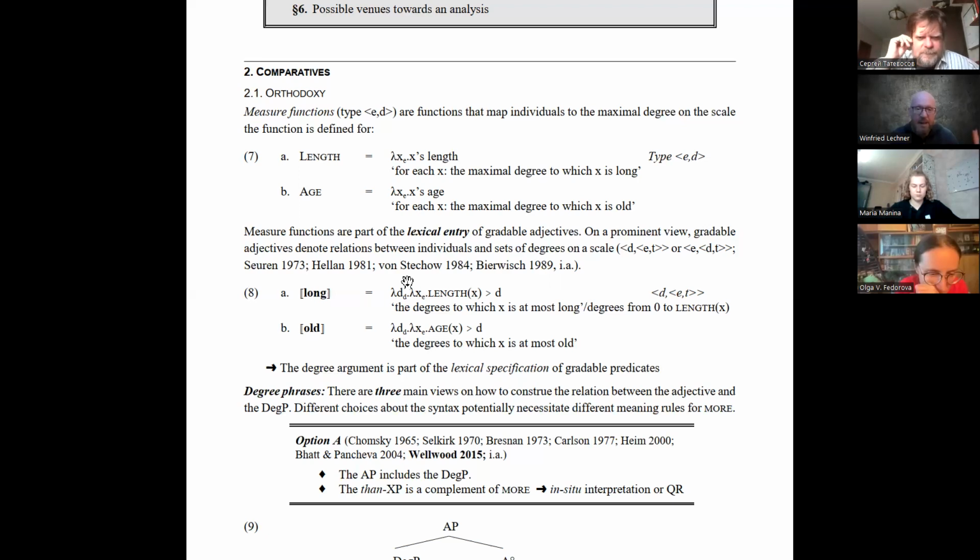More precisely, on that particular view of construing degree adjectives, the gradable property is a relation between degrees and individuals, such that the degrees measure from 0 up to the maximal length of a particular individual that is part of that denotation. Good.